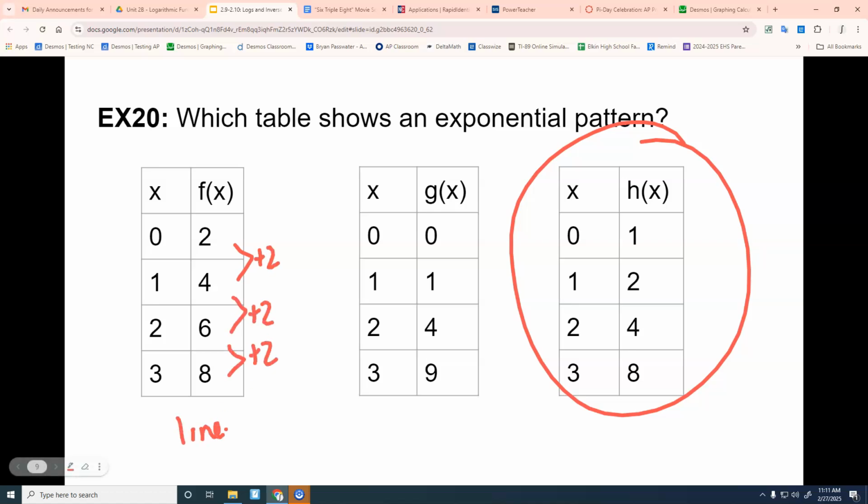That's linear. This one, we add 1, we add 3, we add 5. If you do a second difference, you add 2. That one's quadratic. With an exponential, we're looking for the y-coordinates to be multiplied by a number. So that would be an exponential pattern. That's already something we know how to identify.